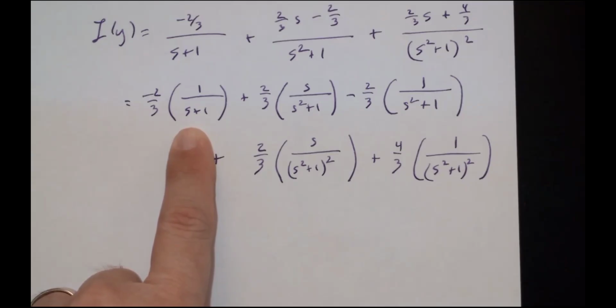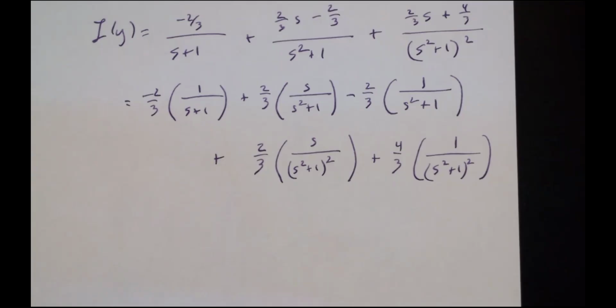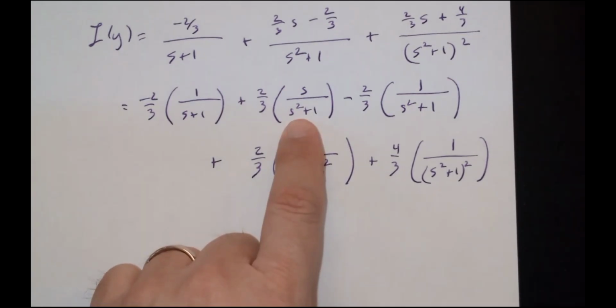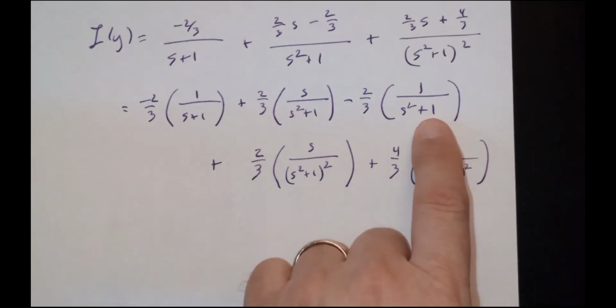Right, because it's s minus negative 1, so it's e to the negative t. Well, that makes sense because it was y prime plus y. I should have an e to the minus t. What's this one? And this one is sine.